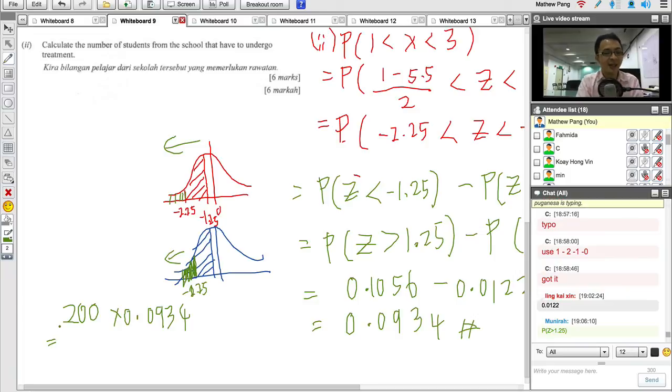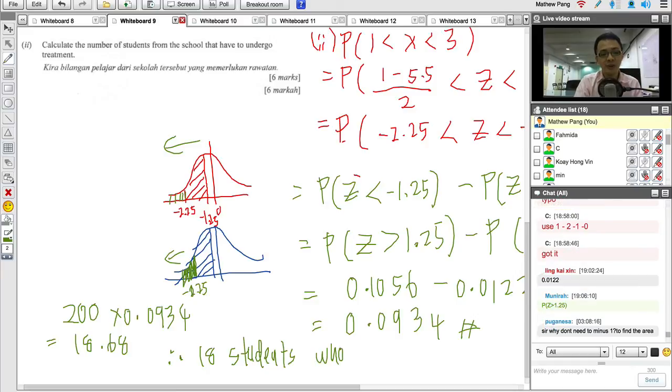From here I can check how many students have to undergo the treatment. That is 18.68. So therefore, I have 18 students who need to undergo the treatment.